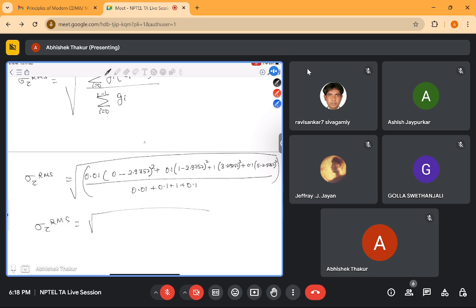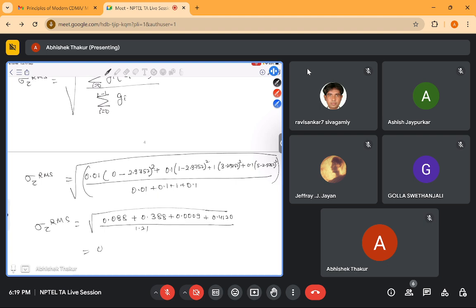The first term will be a square root of 0.088 plus 0.388 plus 0.0009. 0.4120 divided by 1.21.